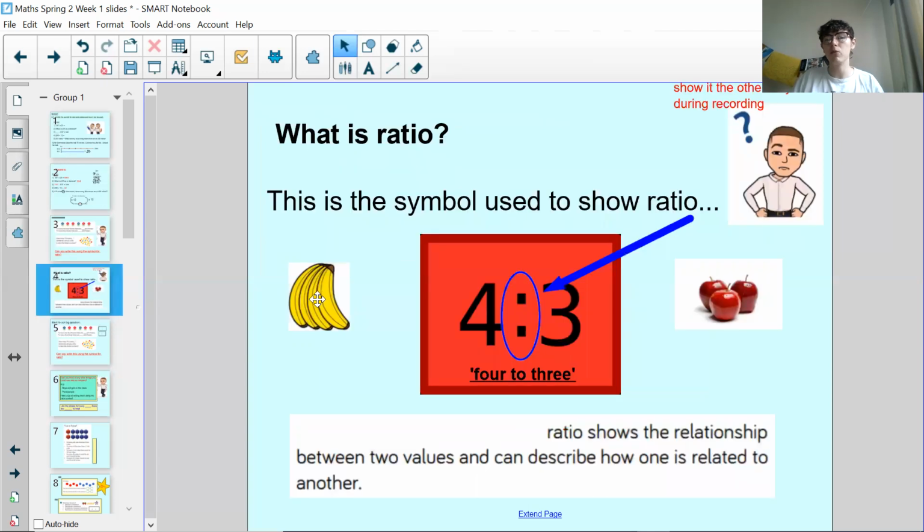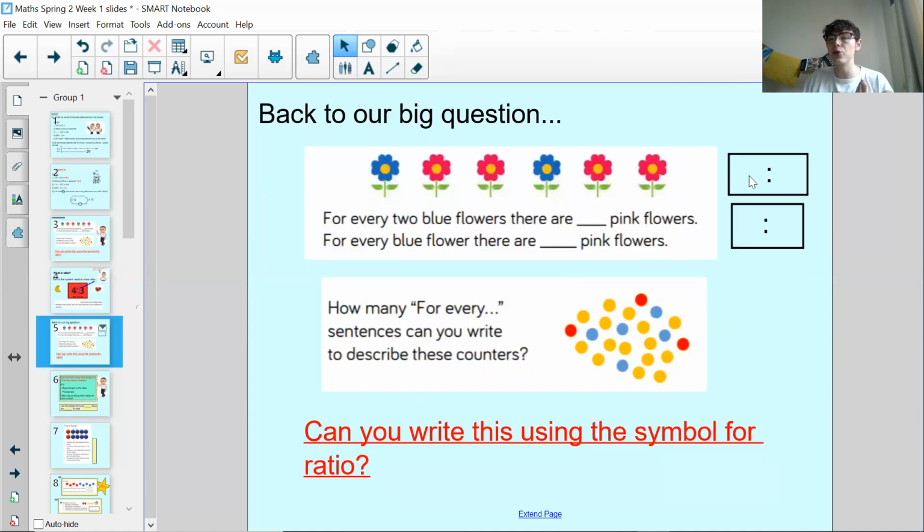Just like in our example, for every 4 bananas, there are 3 apples. It's 4 to 3. So for every 2 blue flowers, there are 4 pink flowers, which would make my ratio 2 to 4. The ratio of blue flowers to pink flowers is 2 to 4.